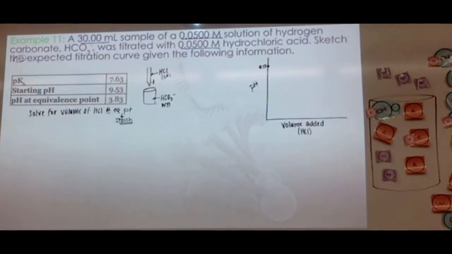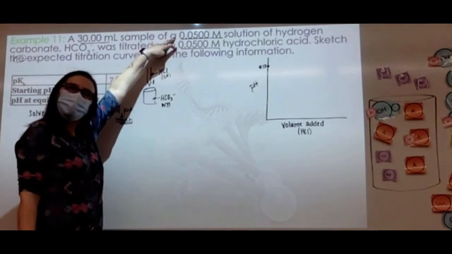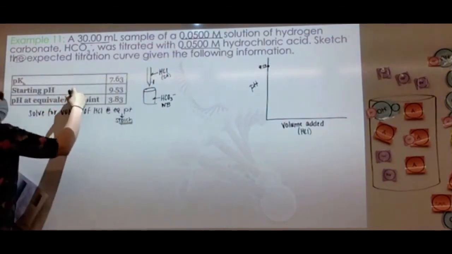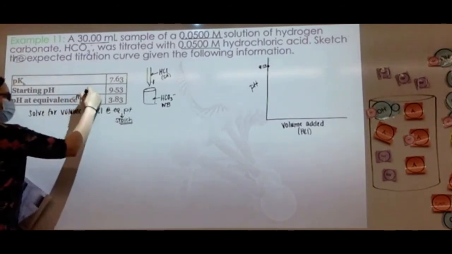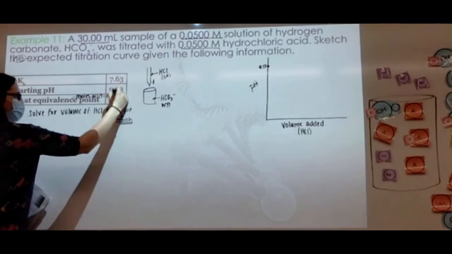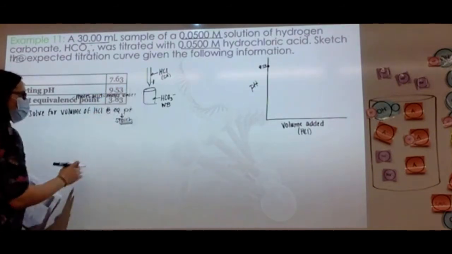I'm going to show you a little trick here. What do you notice about their molarities? They're equal. Something else that we know is true at the equivalence point is that moles are equal. Moles of acid equals moles of base. Not bases, just base.